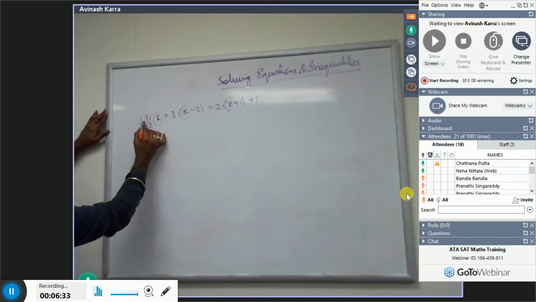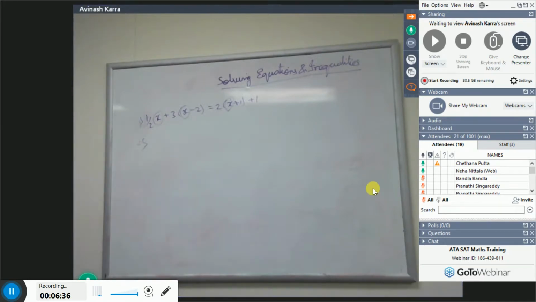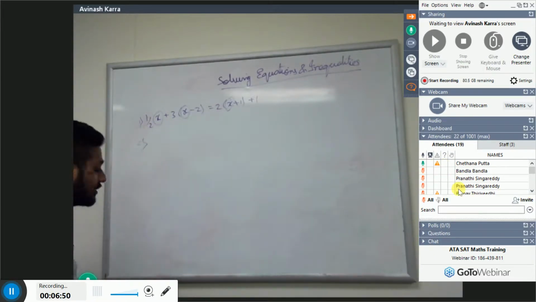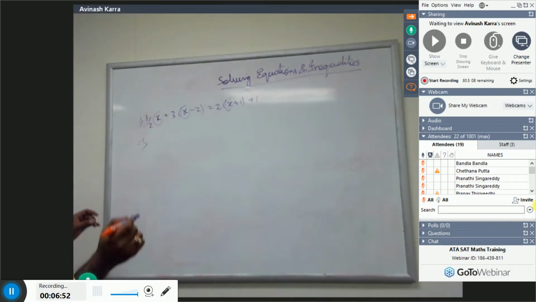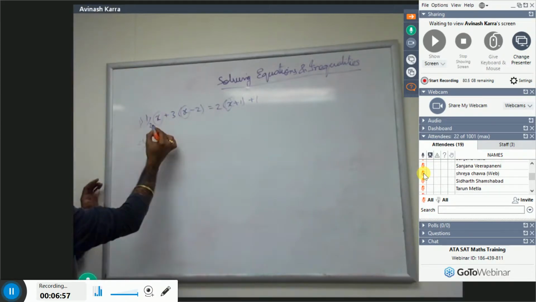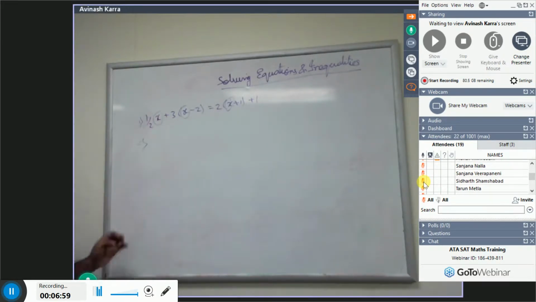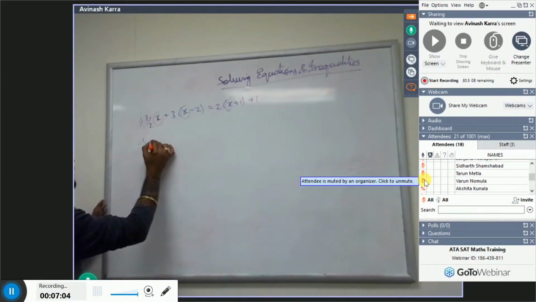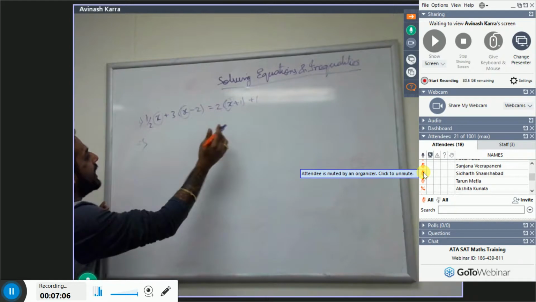What is the factor over here? 1/2. Yes, sir. So to get rid of 1/2, what do we need to do? We need to multiply by 2 on both sides, on the LHS and on the RHS.